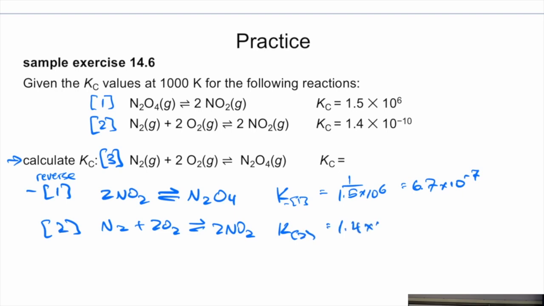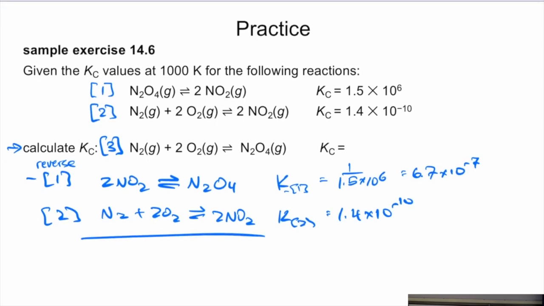That's going to be 1.4 times 10 to the minus 10th. And we know this because if we now add these up, we should get reaction 3. Let's see, does anything cancel out? Yes, 2NO2 cancels with 2NO2. And so we end up with N2 plus 2O2 is in equilibrium with N2O4, which is number 3.